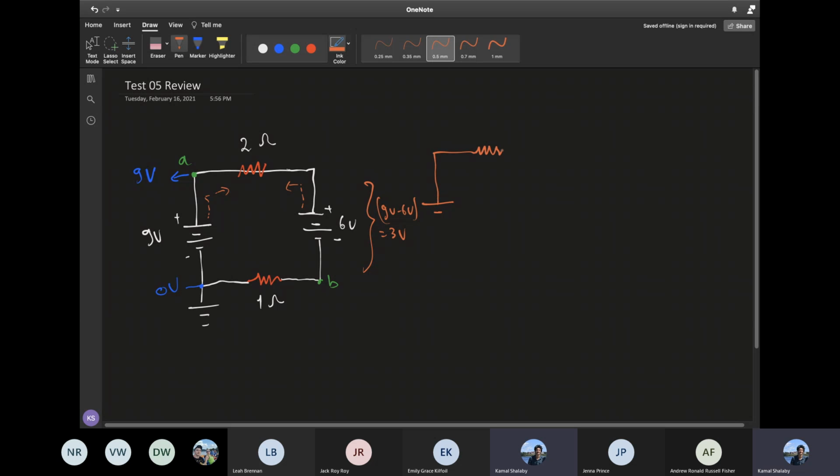And you still have our 2 ohms, and here's our 1 ohm, and here is the ground. This is 1 ohm, this is 2 ohm. So it gets quite simple now.